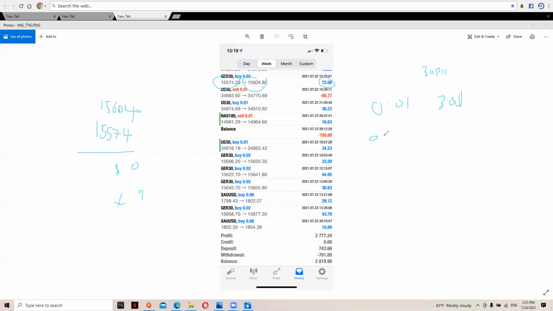If you're going to use 0.02 and you are targeting 30 pips, that means you're going to make what? $60. Same thing, 0.03, you're going to make what? $90. 0.04, it goes on and on. You're targeting 30 pips. You're going to make what? 30 times 4. You're going to make $120, and so on and so forth.